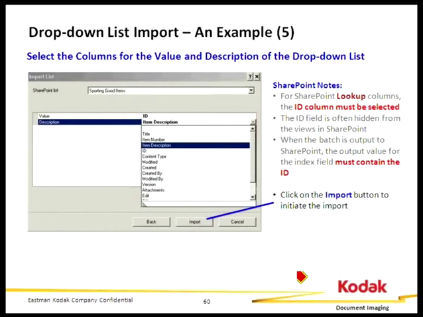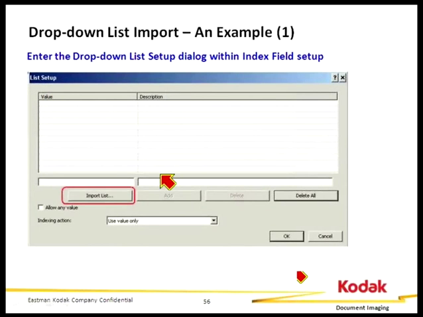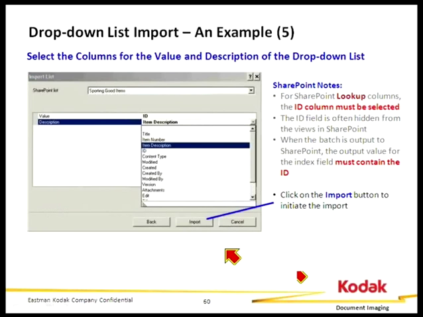And then I would select the columns for the value and description of the drop-down list. Note that when you create a drop-down list in Capture Pro, and I'm just going to navigate back real quickly, there's a value and description that gets presented to the end user. We need to map the columns in the database or the columns in the SharePoint library to the value and description that make up the drop-down list in Capture Pro. And then I click on the import button and it'll import stuff in.